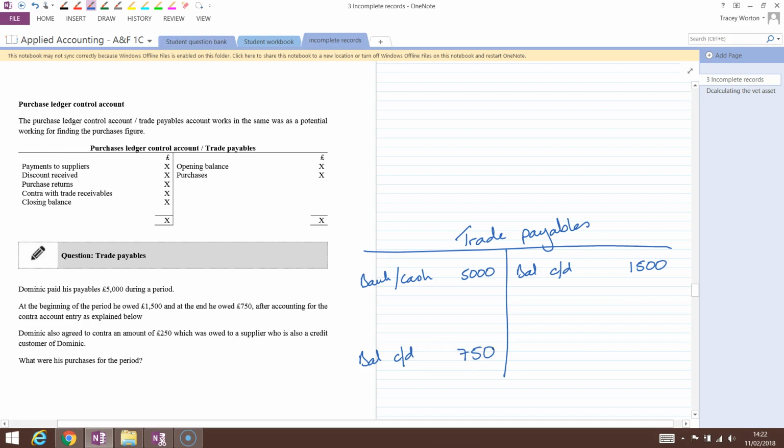Looking at the other entry, we're also told that we've got a contra with the trade receivables, so this will reduce a liability, so the contra goes on the debit side, the contra being £250. So at this point we can now balance off the account.